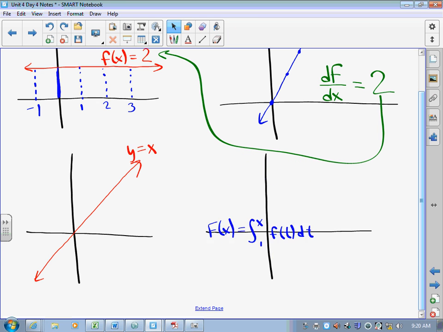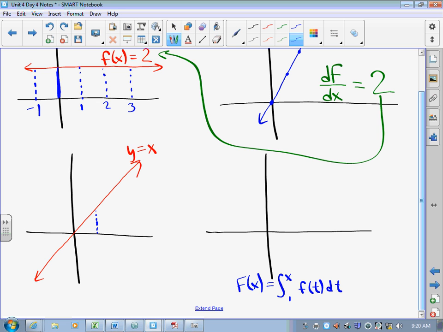Let's imagine that. Here, I'll even move that down there. Capital F of x is the integral from 1 to x of little f of t dt. So at 1, we are at 0, because the integral from 1 to 1, well, that's pretty much it.